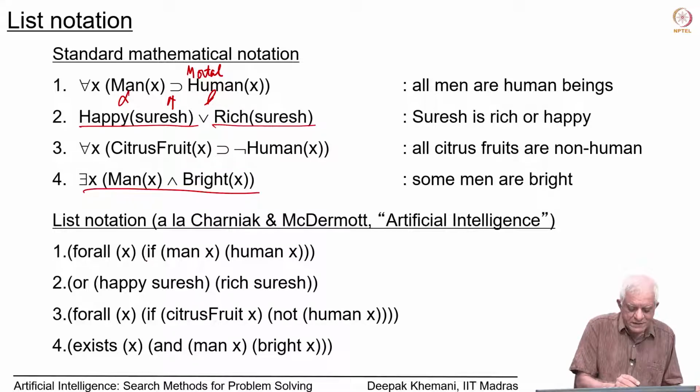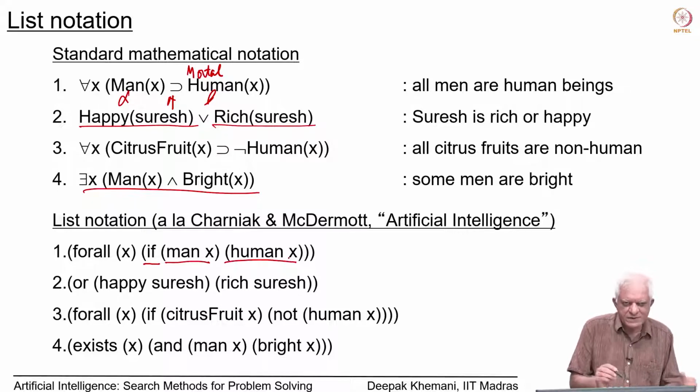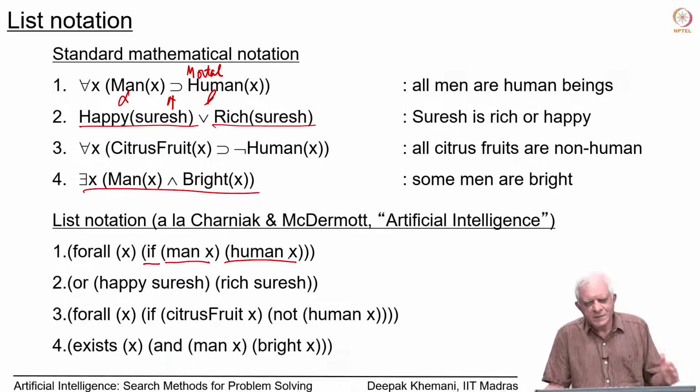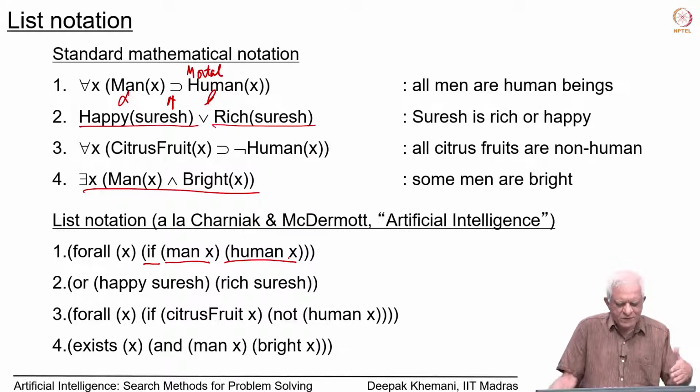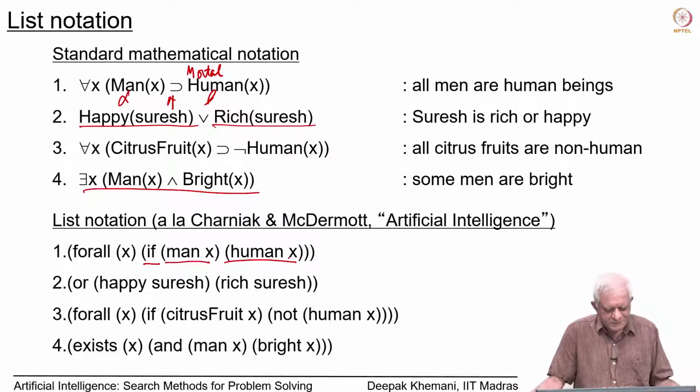In this list notation, the if comes first, the antecedent comes here, and the consequent comes here. Notation is different, the meaning is the same, but you can see that the second set of sentences would be much easier to process if you were writing a simple program to do that. So, all the four sentences on the top are repeated here in the list notation.